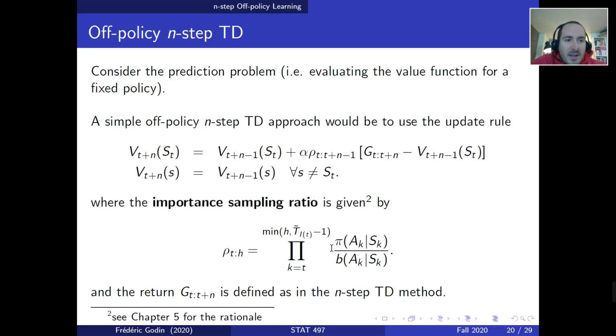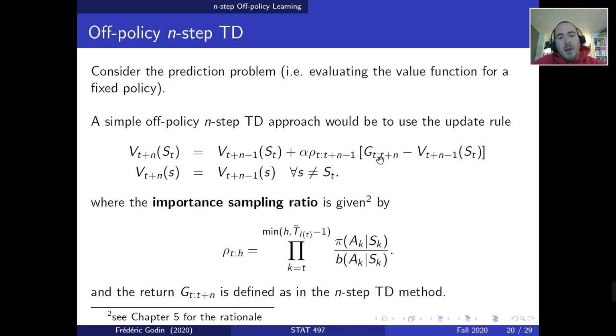So what would happen here is that if we only weighted the return by the importance sampling ratio, then this term would be very volatile, and this other term, if it wasn't multiplied by the importance sampling ratio, would be very stable. The difference of something very volatile and something very stable will have a very high overall variance, and thus the update rule here would lead to very volatile estimates for the value function.